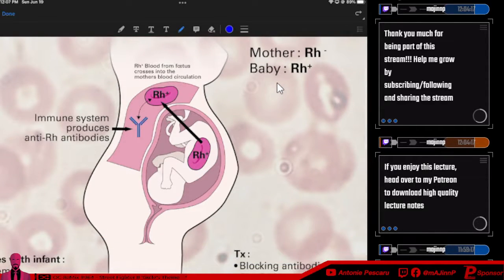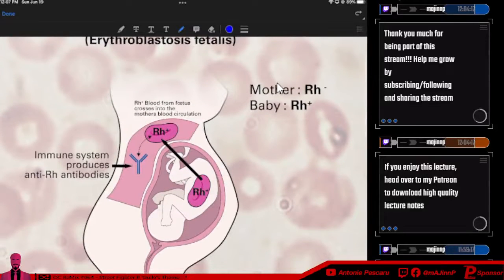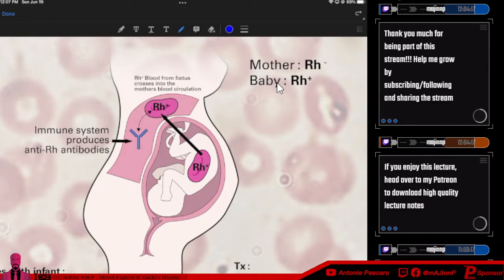When the mother has her first pregnancy and a first fetus, that baby just so happens to be Rh positive, from the father, it has to be from the father, if I'm not mistaken. Well, there has to be genetics at play as well.